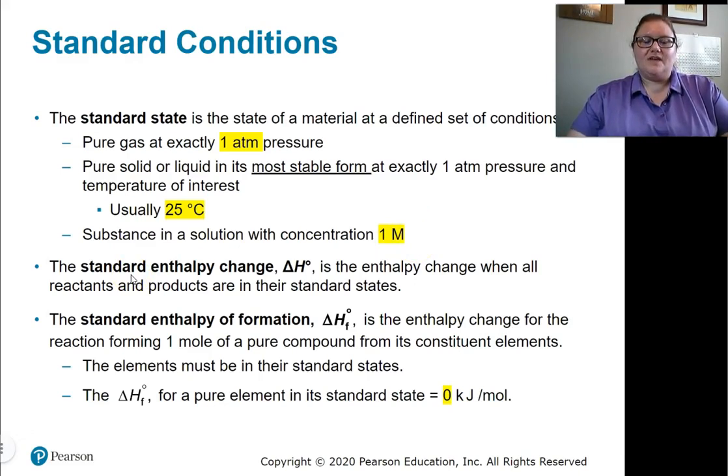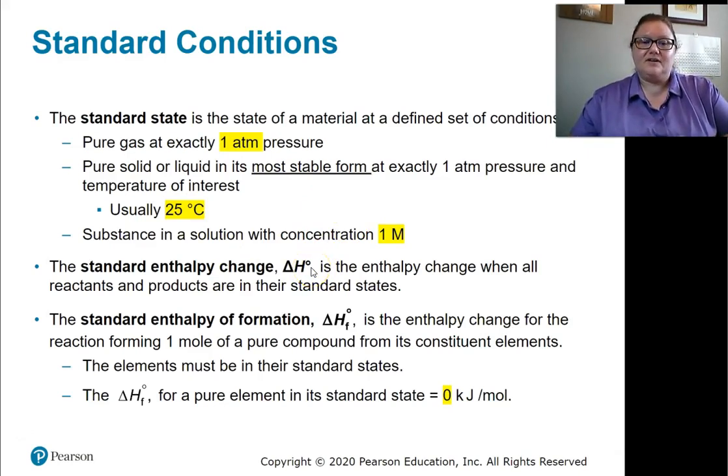The way that's going to be signaled to you in a problem is you're going to see this little degree sign. That little degree sign tells us it's under standard conditions. You may need this extra information of the 1 atmosphere pressure or the temperature being 25 degrees C, because it's not spelled out in the problem.